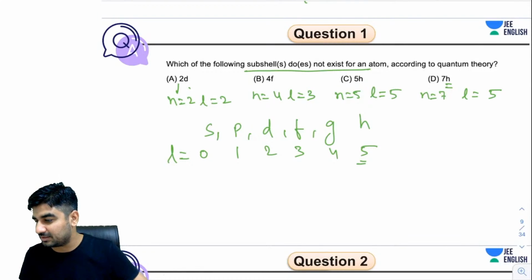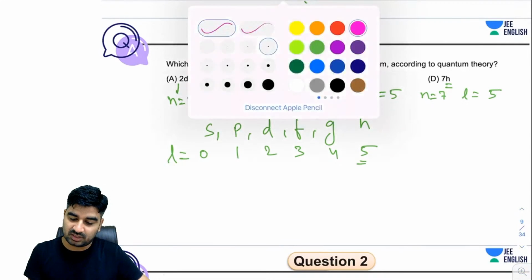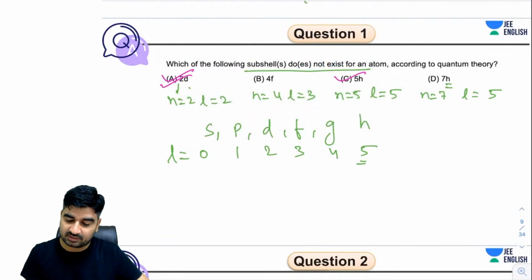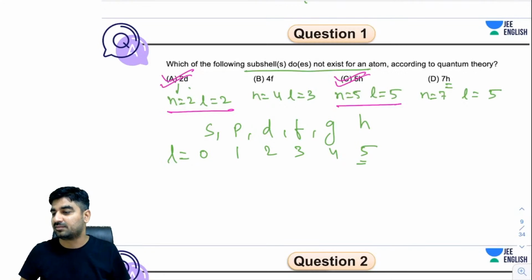This can have multiple answers. Kate, A and C. Ritvik, A and C. Captain Jack Sparrow, n not equal to l. Exactly, right? So your answer will be A and C, because here n and l are the same, and l cannot be equal to n, right?